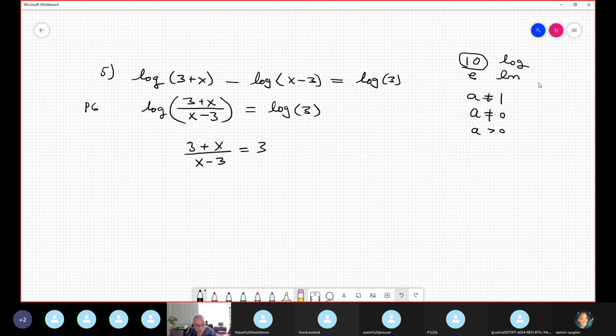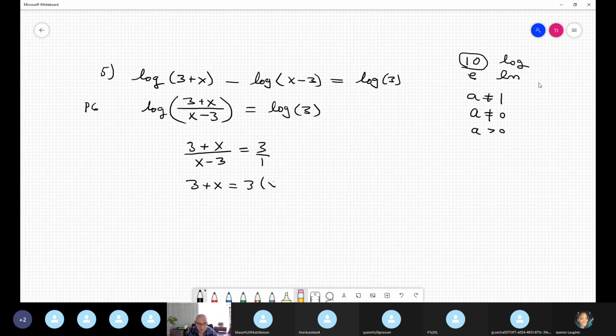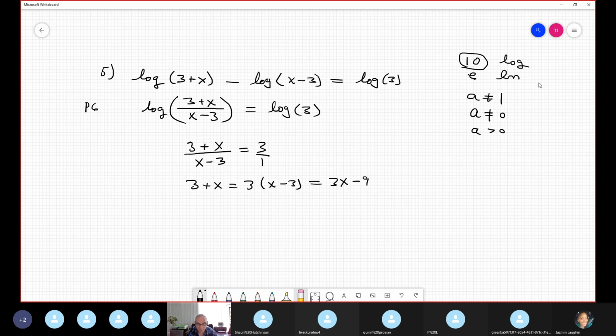Now cross multiplication: 3 plus x is equal to 3 times x minus 3, so 3x minus 9. We have 3x here, stay minus x, and 3 plus 9. This is 12, and this is 2. Divided by 2, the answer is 6.